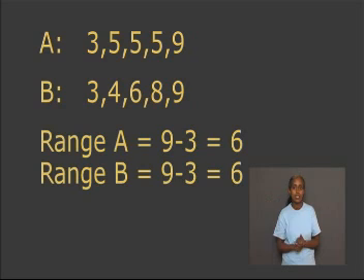The range of each set is 6. But you can see that the second set is more variable than the first. Let us use the interquartile range and see if we get a different result.